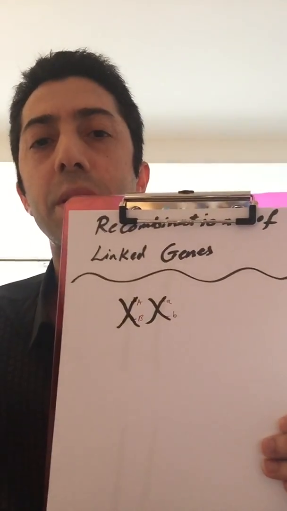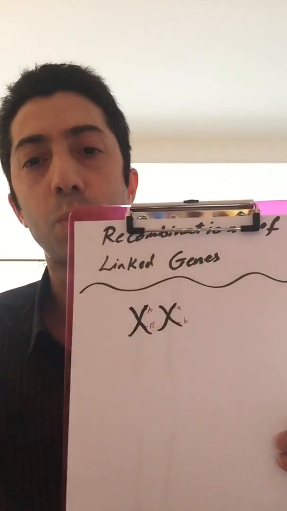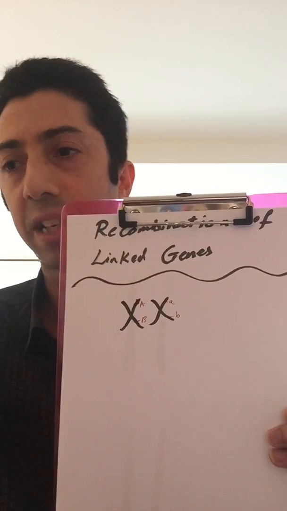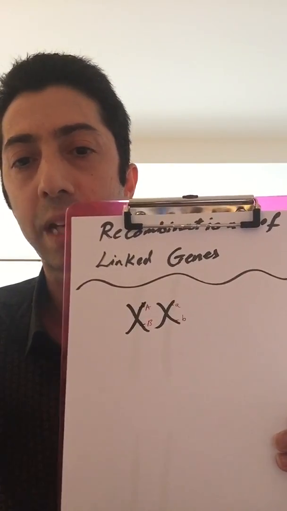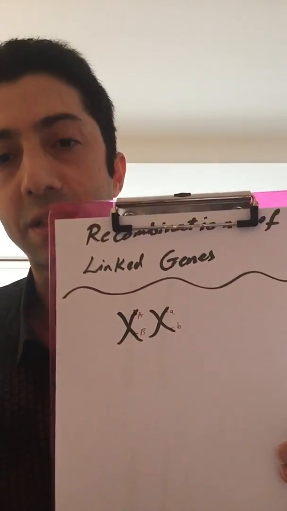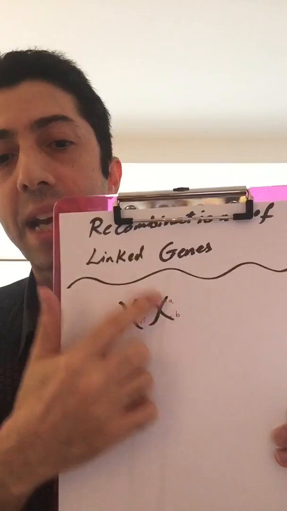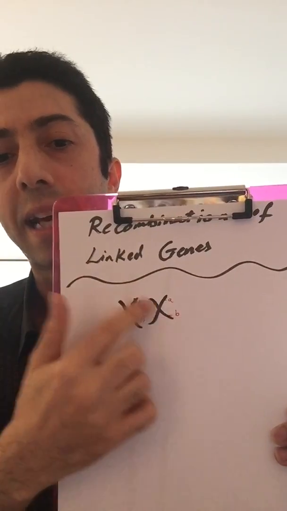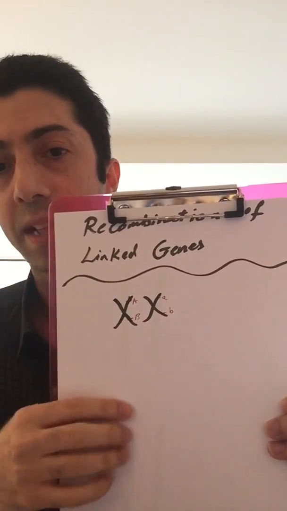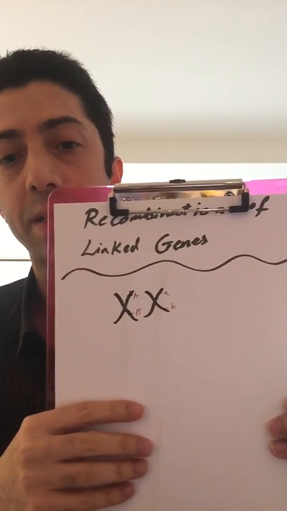You remember the crossing over happens in meiosis 1, prophase 1, right? What is the role of that? It just mixes some alleles together to make a new combination, the recombinant gametes. So you may have the same gametes as the parental gametes, and you get some mixture of them, right? That's the role of crossing over, recombination, new types of gametes.